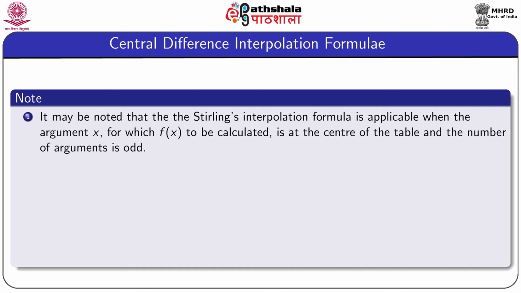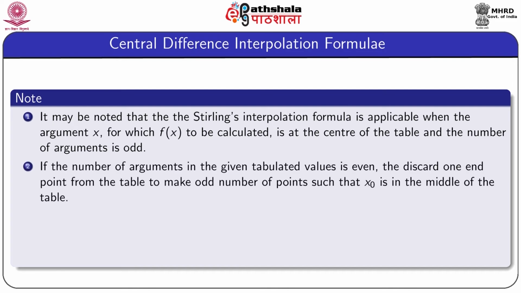And the second observation is that if the number of arguments in the given tabulated values is even, then discard one endpoint from the table to make an odd number of points such that x0 becomes the middle of the table. That means the Stirling interpolation formula can also be applicable for an even number of points.